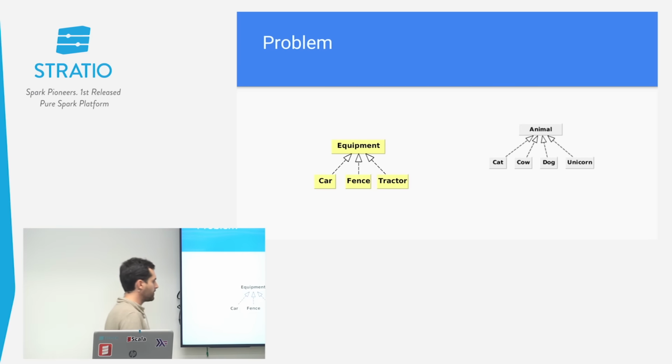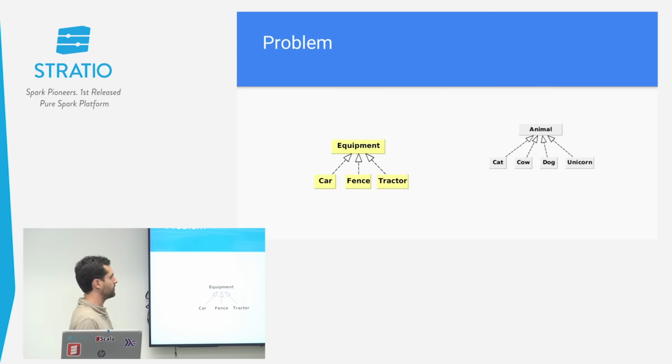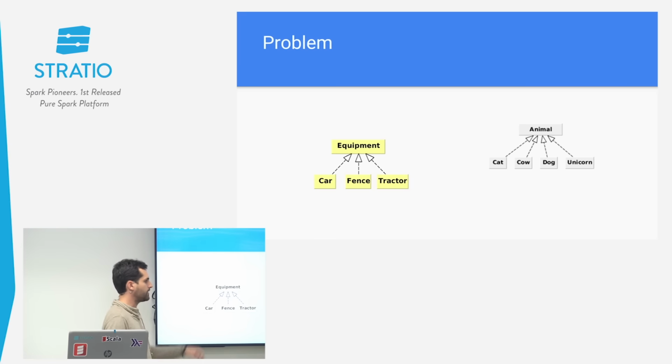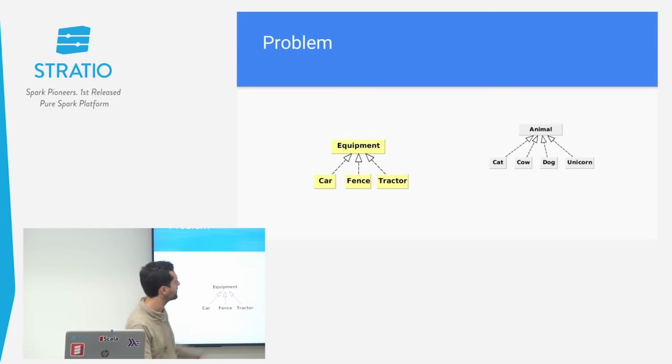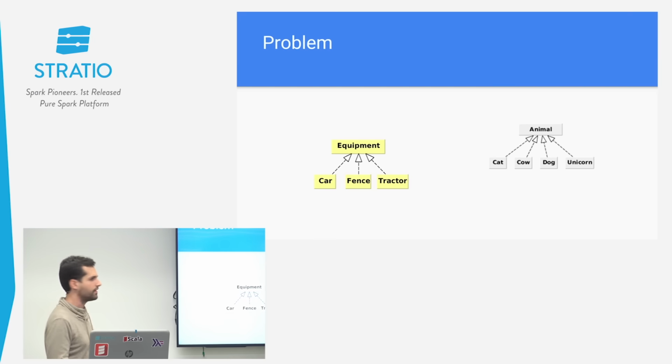We have equipment, cars, fences, tractors, and we have animals, cows, dogs, and we want to schedule tasks such as fixing the car, improving the fence, fixing the tractor, or feeding the cat, feeding the unicorn, feeding the dog. There are different actions in your domain, and your domain is the result of the combination of two other domains.